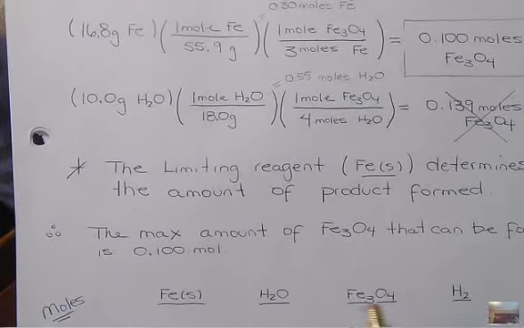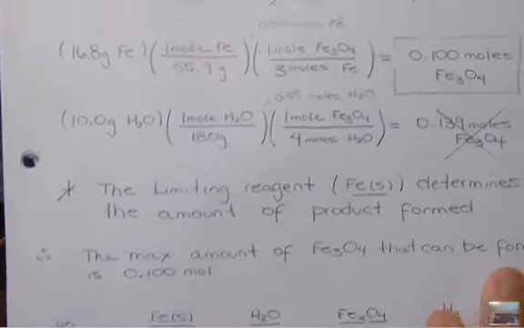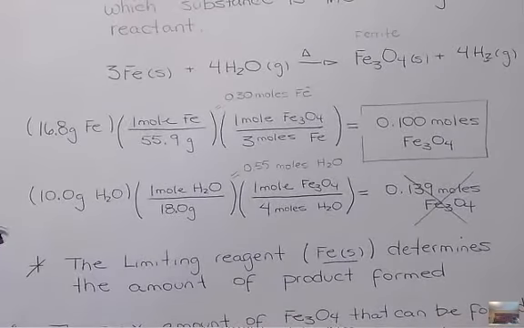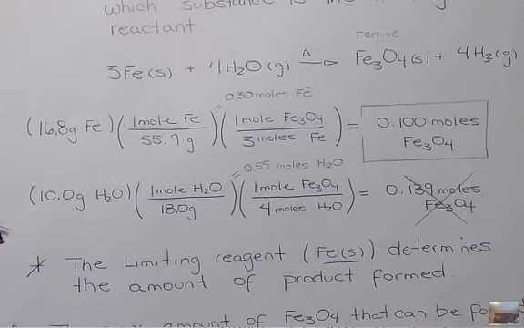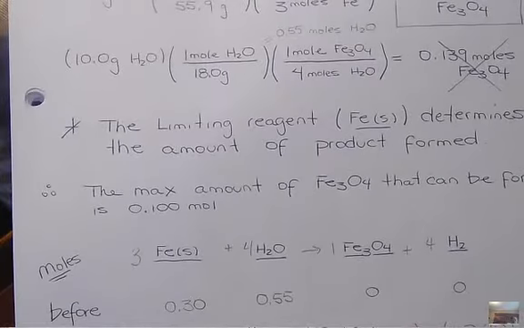So I can put these coefficients in front of this here so that I can see everything in one place. So this was a 3 plus a 4 reacts to make a 1 plus a 4. Those are the coefficients here. They came right from above.